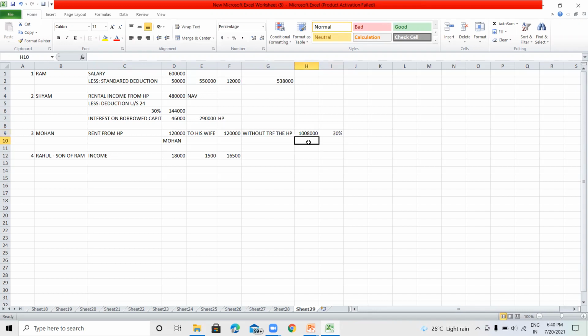Now, to save the tax, he transferred 1,20,000 of the income to his wife. Now his income is 8,80,000 and he falls under the bracket of 20%.